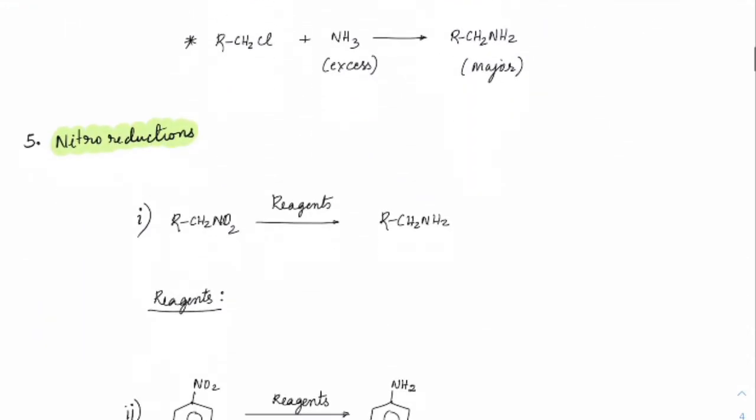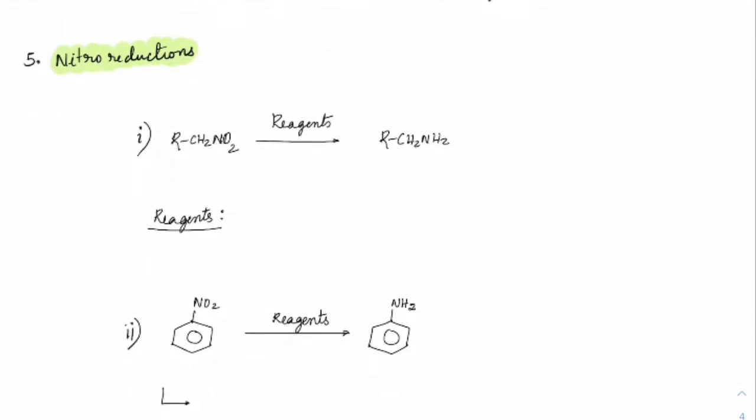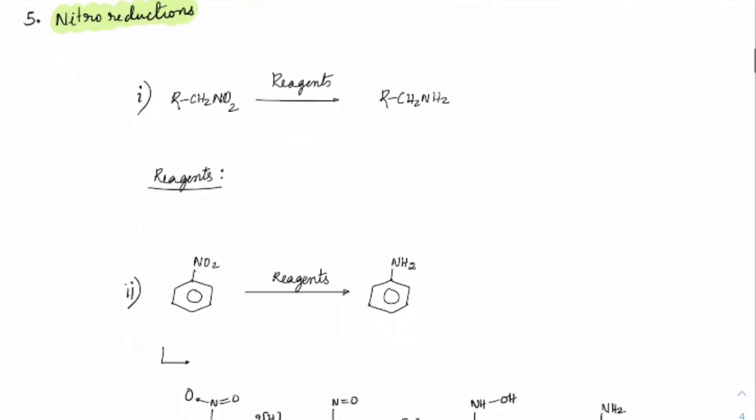Now coming to the next reaction, which is nitro reductions. This is new, so let's see how the nitro reductions happen. First of all, if we take NO2 and directly convert it into amine, we require strong reducing agents, like lithium aluminum hydride, H2 with Pt, H2 with nickel, platinum, palladium, or nickel.